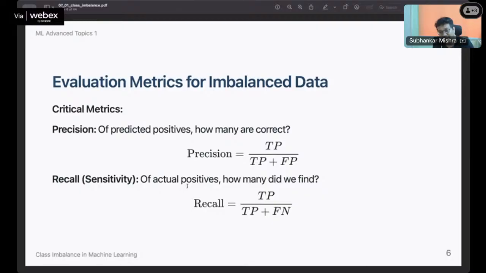That means if we label an observation to be positive, are they reliable? Otherwise, if we predicted too many false positives, then this precision value would be very low, because it is TP divided by TP plus FP. So FP has to be really close to 0 for this value to be close to 1, which is what we want.